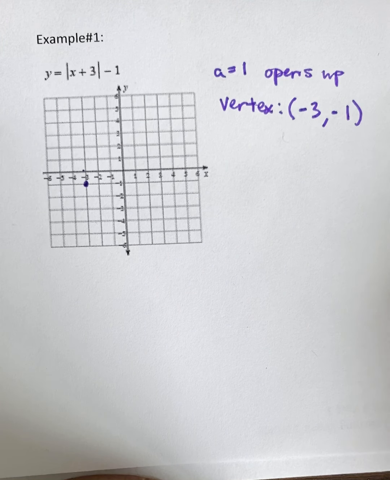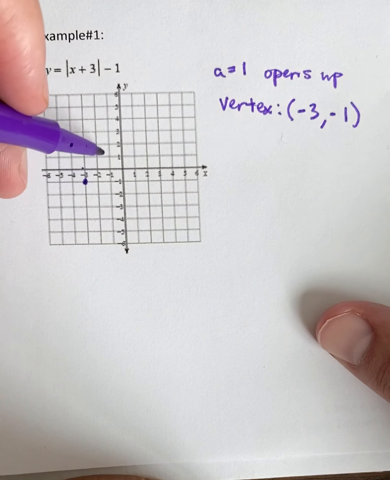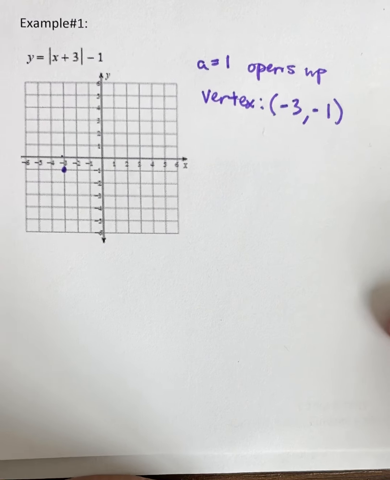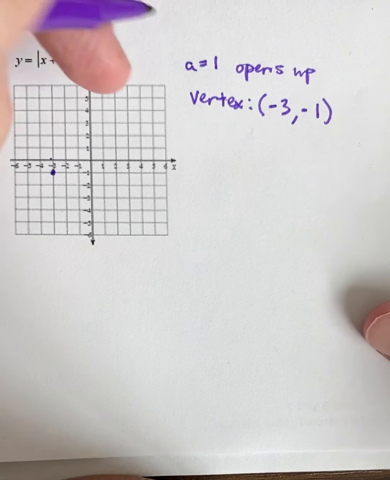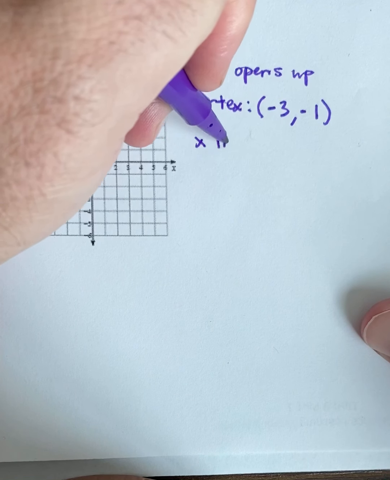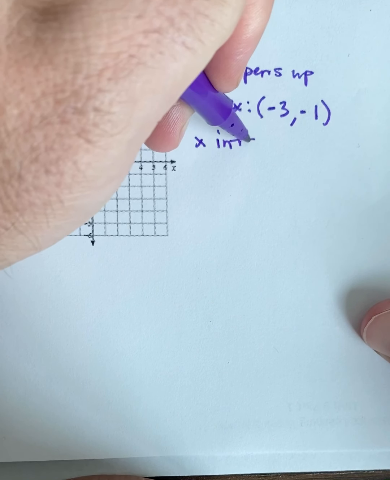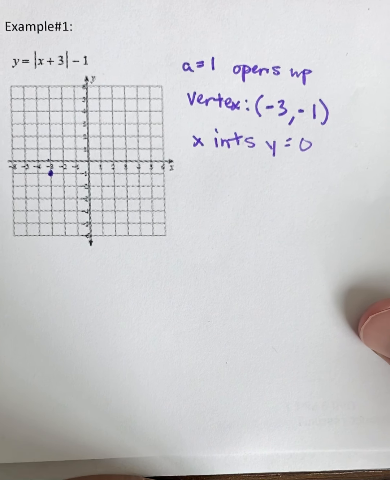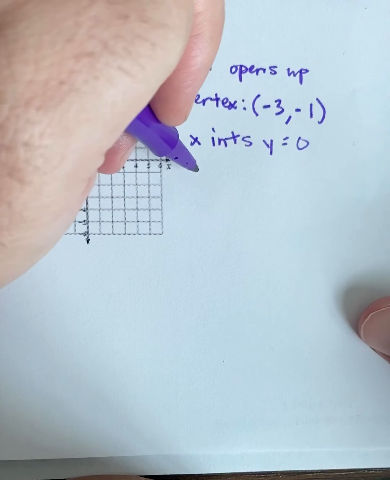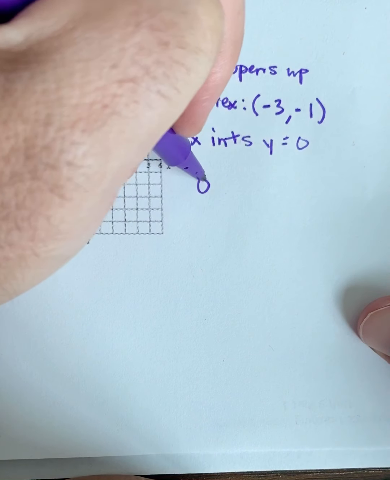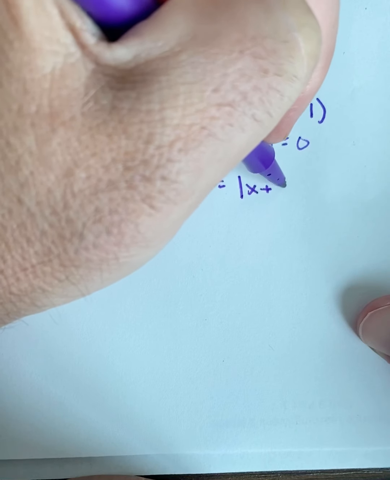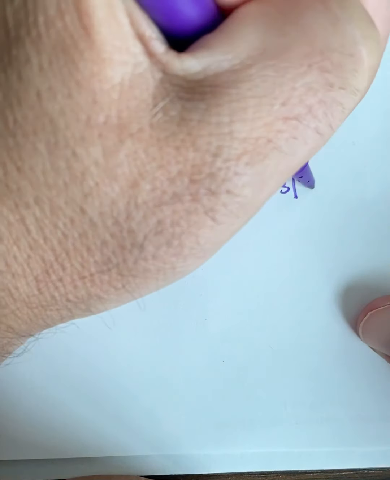So it does look like we're going to have a couple of x-intercepts here because this opens up and the vertex is below the x-axis. So we will need to solve for those by making y equal to 0. So we're going to have 0 equals the absolute value of x plus 3 minus 1.